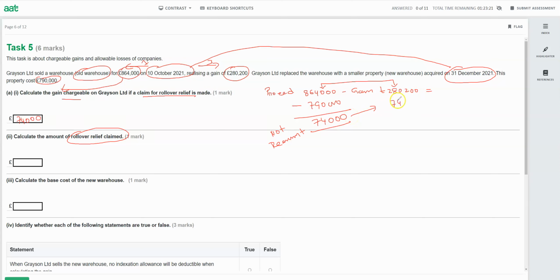So that is 74,000, that will be immediately chargeable. So the difference between 280,200 minus 74,000 gives me 206,200.